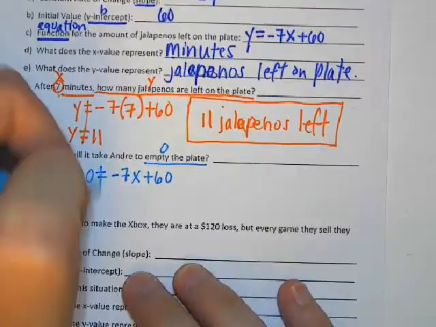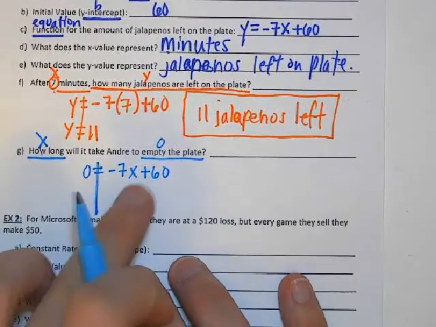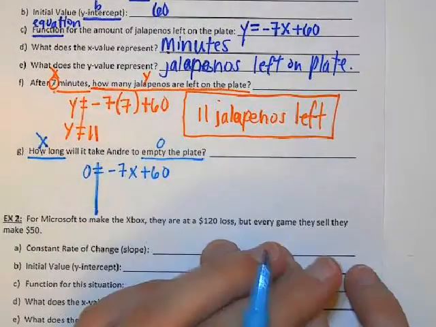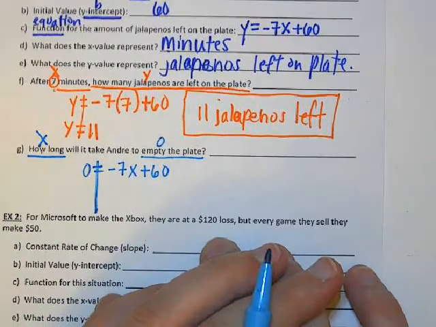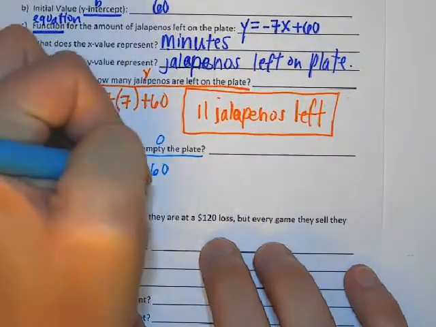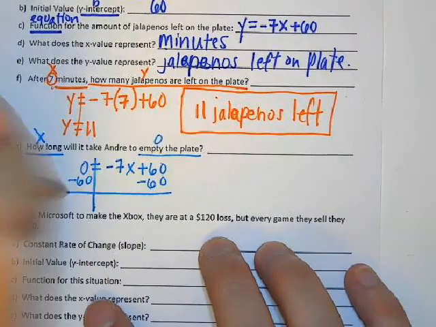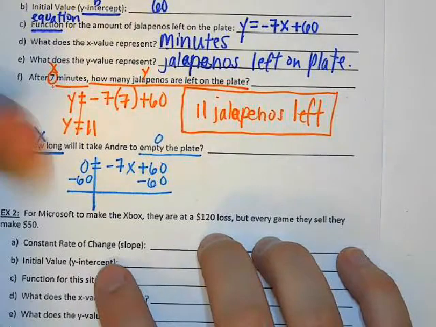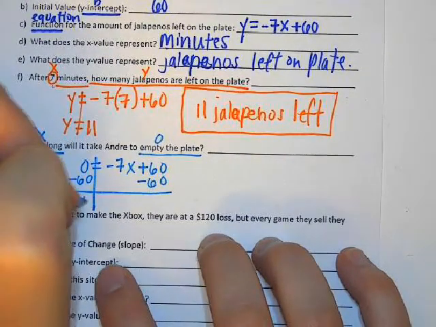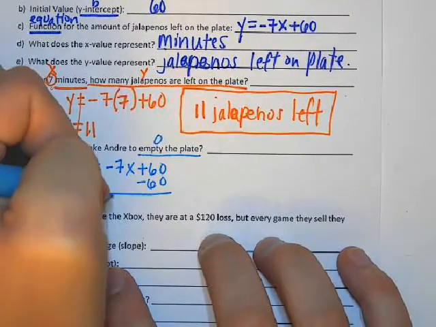So draw your line. And now do I need to solve on this one? Yes, because I'm looking for X. How do I solve? What do I do? Good. -60 on both sides. 0 minus 60 gives me negative 60 equals negative 7x. Now what?